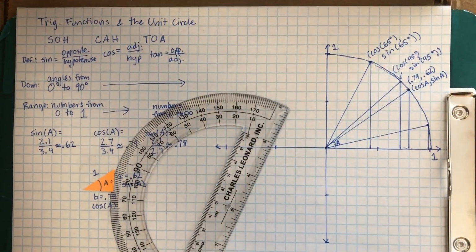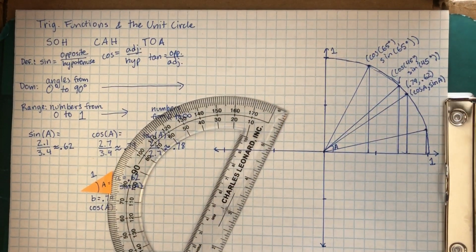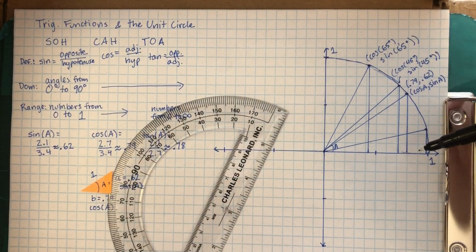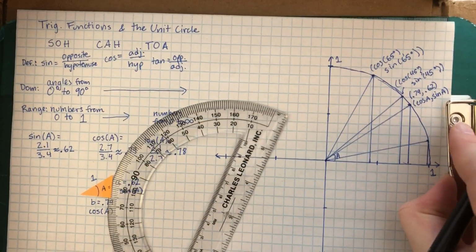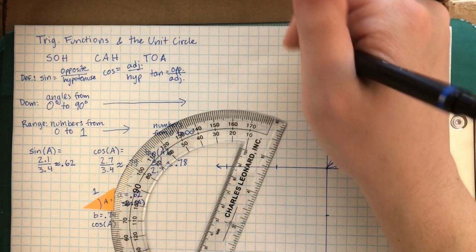And we say that this is part of the unit circle because it has a radius of 1 and its center is at the origin.